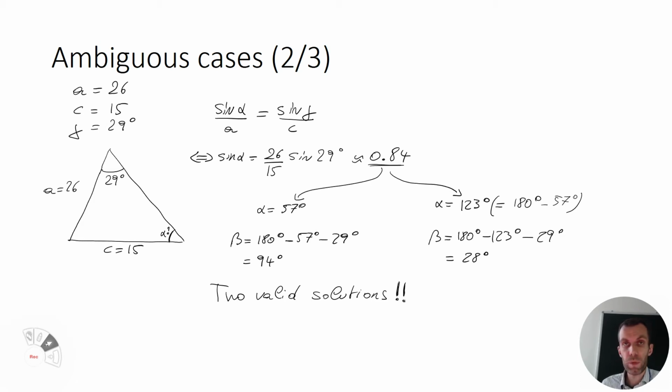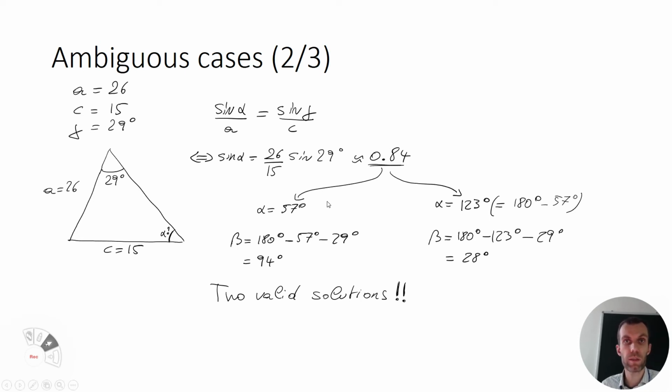So you always have to be a bit careful, especially if you calculate quickly. Maybe you find one of the solutions but not the other one. But think about, hey, is there maybe another solution hidden? And this other solution comes from the fact that if I calculate what angle corresponds to sine value 0.84, I have to keep in mind that there's two possible angles.